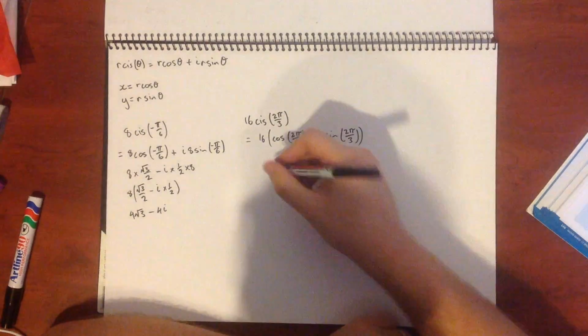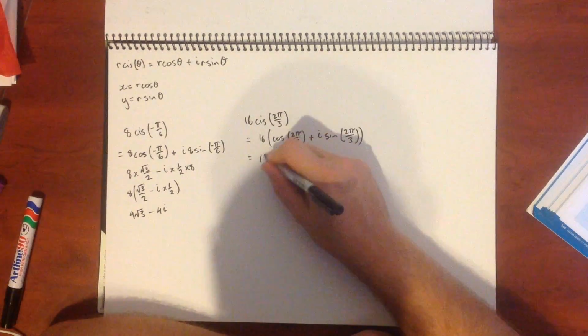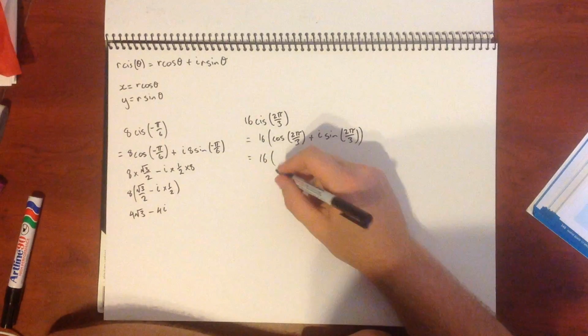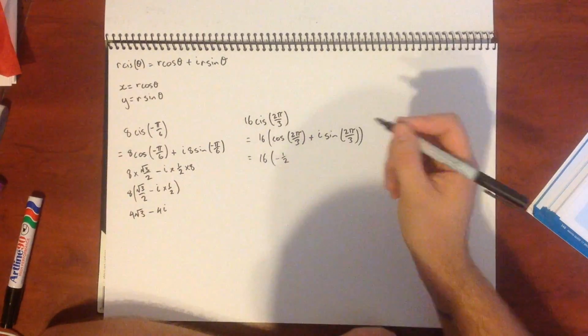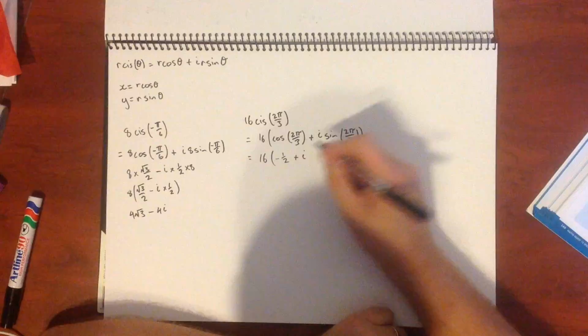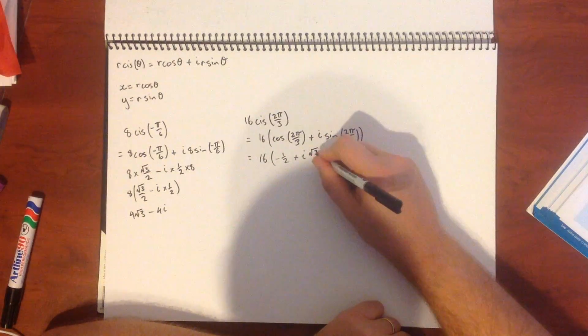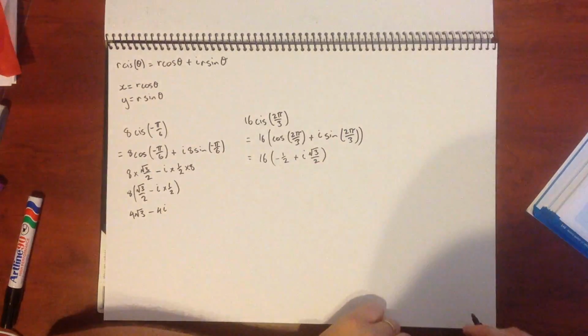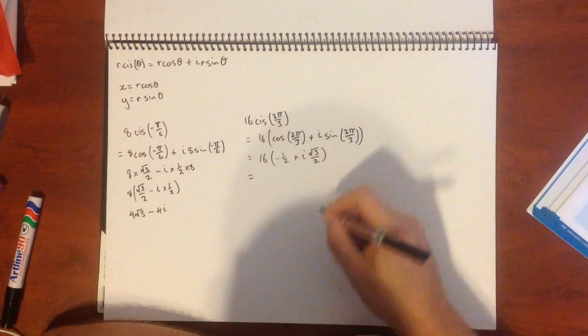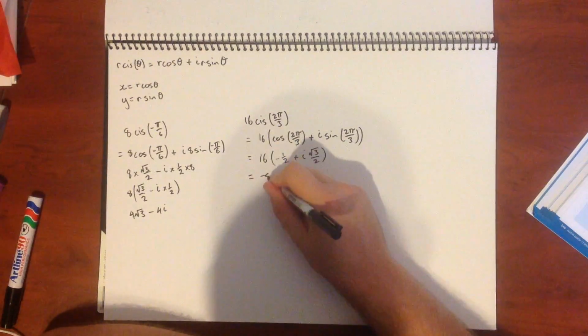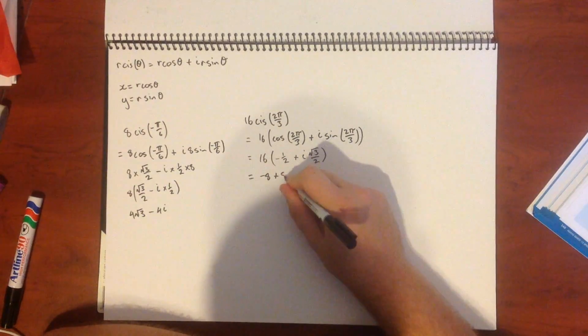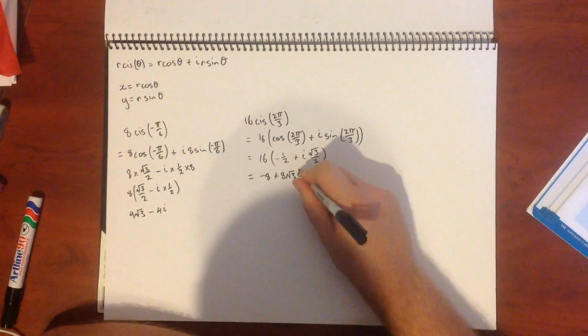Now cos of 2 pi on 3 from our exact values is negative a half, plus i sine of 2 pi on 3 is root 3 on 2. So bringing in our 16 we get negative 8 plus 8 root 3 i.